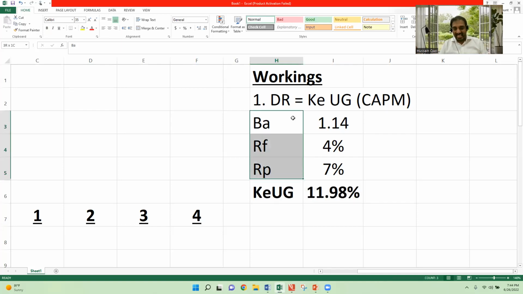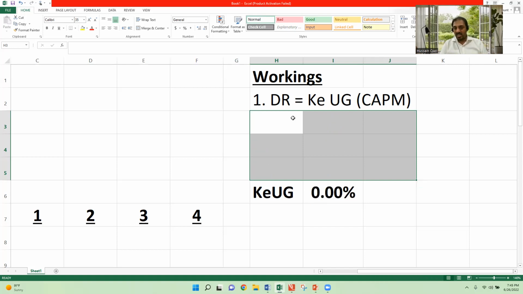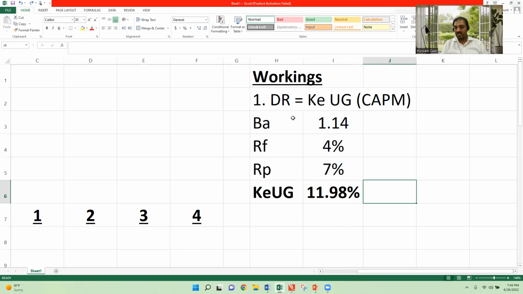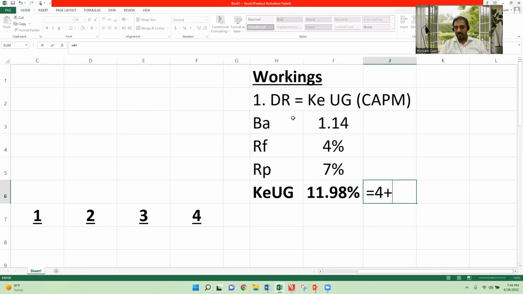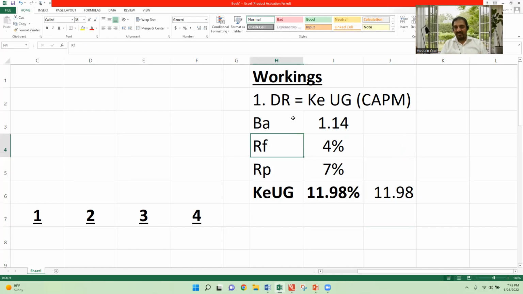Do remember that this is only for the years of working. I strongly suggest that in the examination, you skip all these steps, save your time, and directly work out this value 11.98. That's simple. Just pick the data from the question. That's 4 plus 7 multiplied by 1.14. That's all, 11.98. Save the time and ignore this mentioning. Just copy paste the data from the question bars.